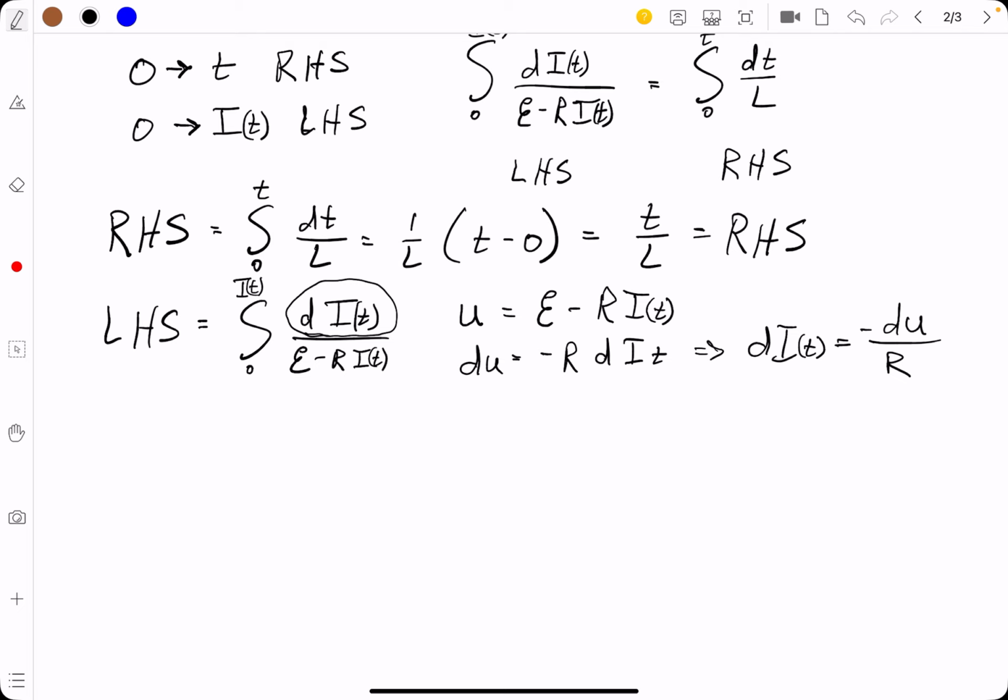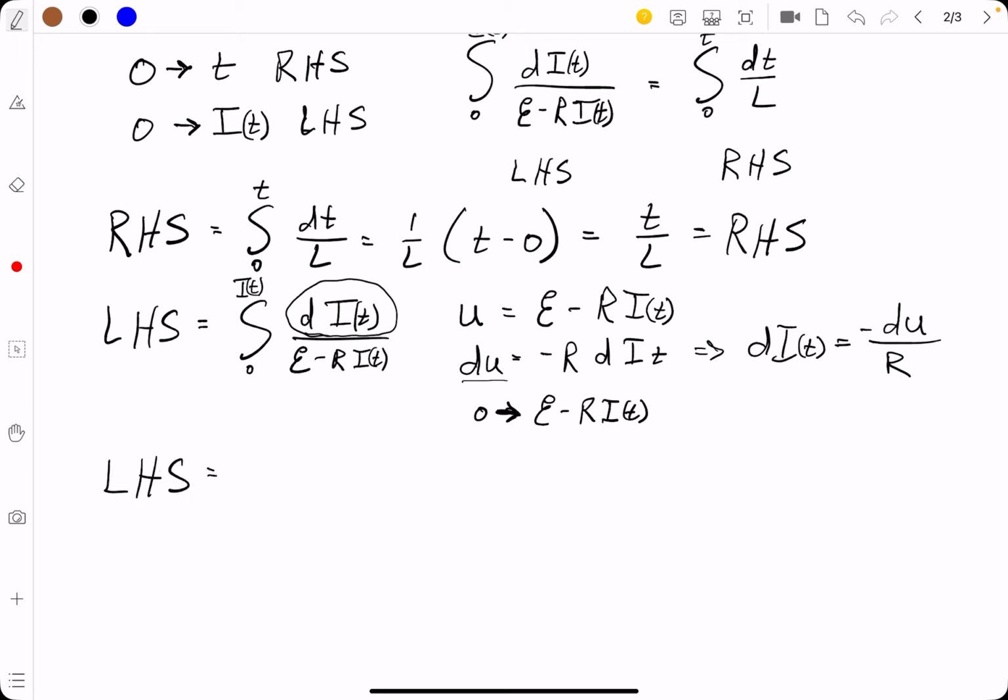We've said we really want to now go from, we're doing du, but instead of du, we're going from 0 to u, okay? But u equals e to the r I of t.